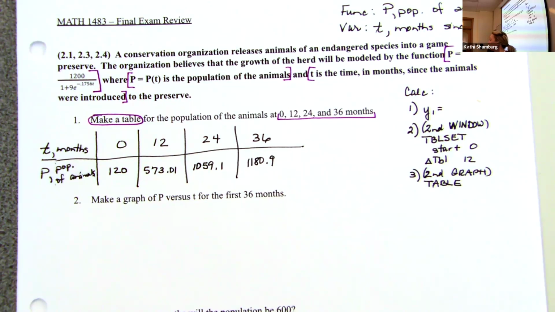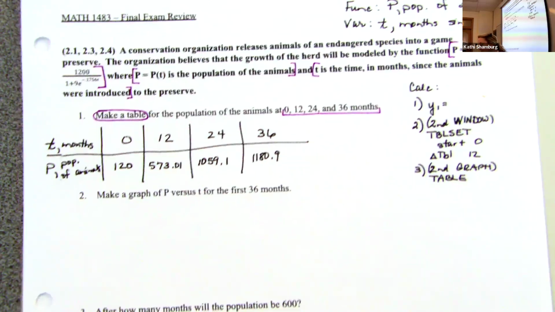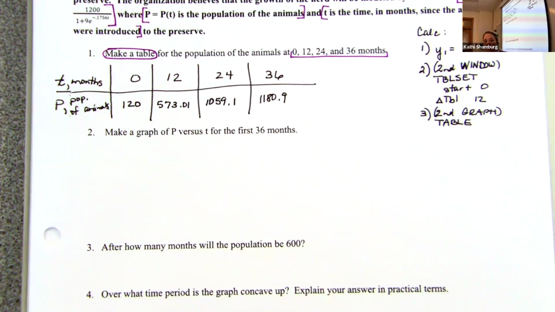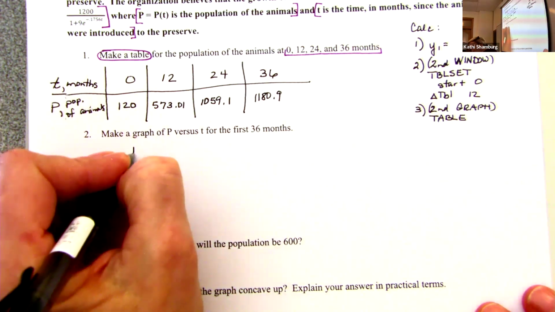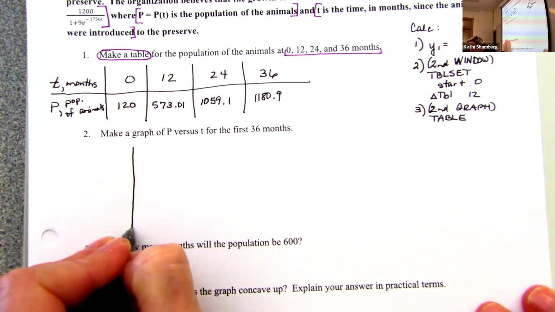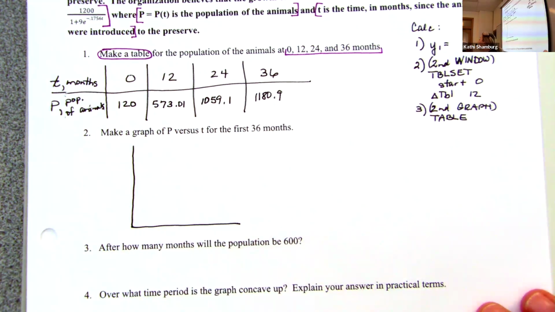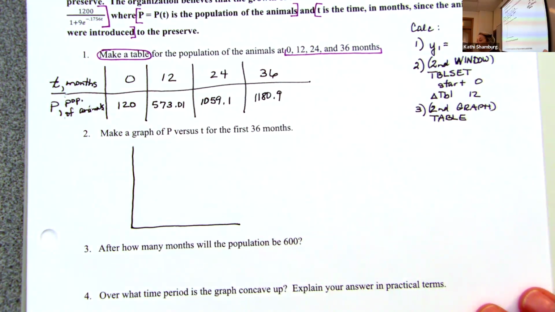Everybody good on their calculator? We haven't done that one in a while. Okay, make a graph of P versus T for the first 36 months. All right, y'all, what is something that I'm going to harp on that I have said over and over again? Don't forget to do it on tests, and yet I still have some forget to do it. Label your axes, okay?